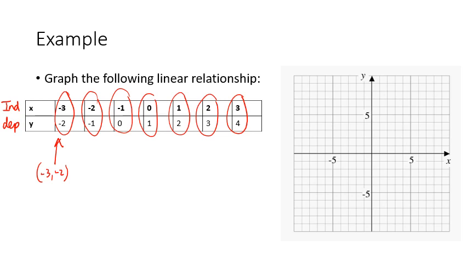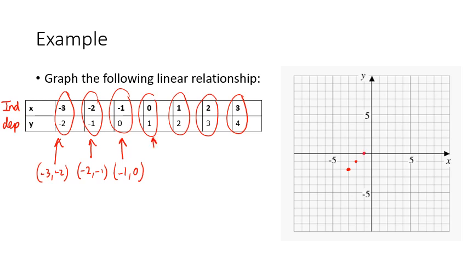Now if I wanted to plot -3, -2, that would go right there. The next set of coordinates would be, okay, so this column is just the set of coordinates -2, -1. So if I go across -2, -1, and there. The next set of coordinates would just be -1, 0. So my x value, remember, is at the front, my y value is second on each set of coordinates. So I go across -1 and 0.